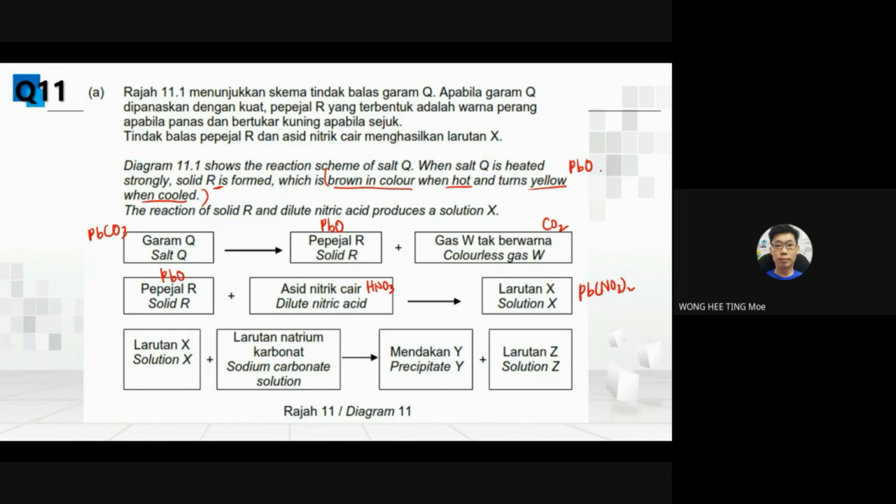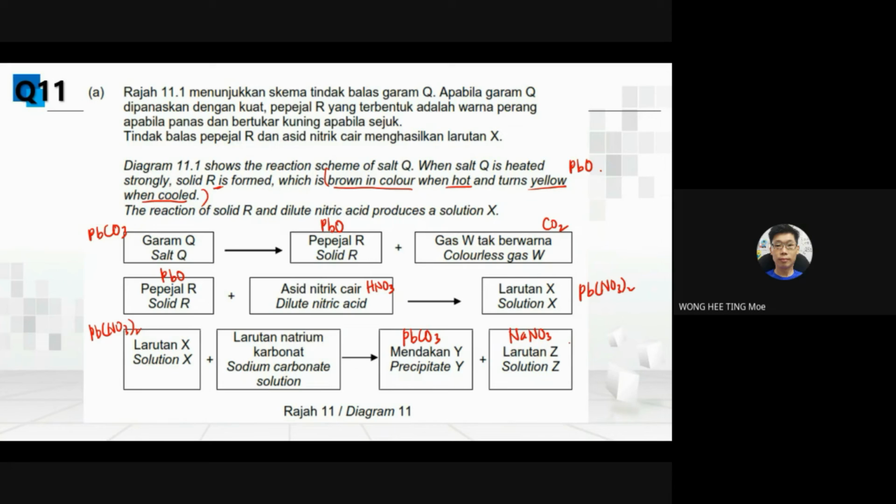And water normally not to write. We focus on lead-2 nitrate. So here lead-2 nitrate with the sodium carbonate, it forms a precipitate Y. So what is this precipitate Y? Lead-2 carbonate. Solution Z, sodium nitrate. Okay. So if you know this, then this question becomes very simple. Very simple.